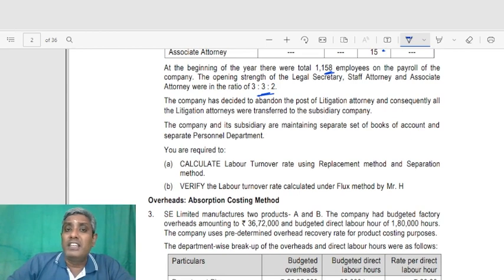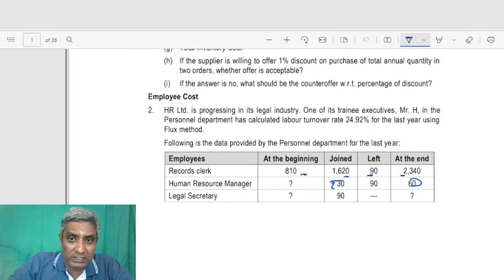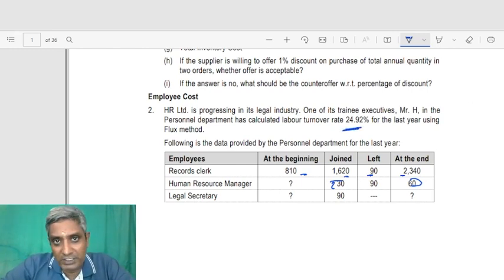That is the denominator. And verify the labor turnover rate calculated under the flux method by Mr. H, a trainee executive, who has done this work and found the labor turnover to be 24.92%. Hope the question is clear, students.